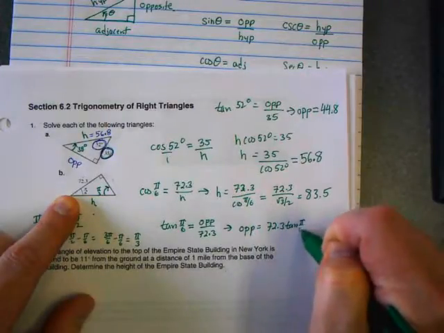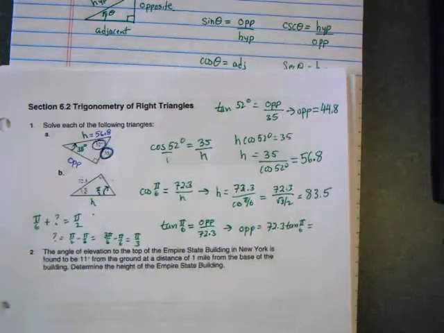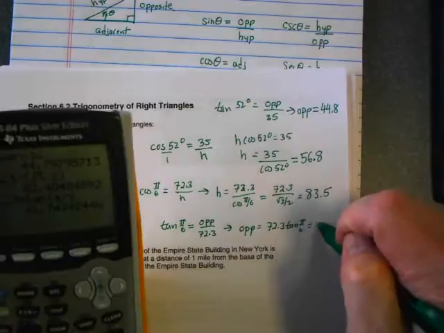What's tangent of pi over 6? I heard square root of 3 over 3, and I heard 1 over square root of 3. Those are both correct answers. One's rationalized and one is not. I got 41.7.